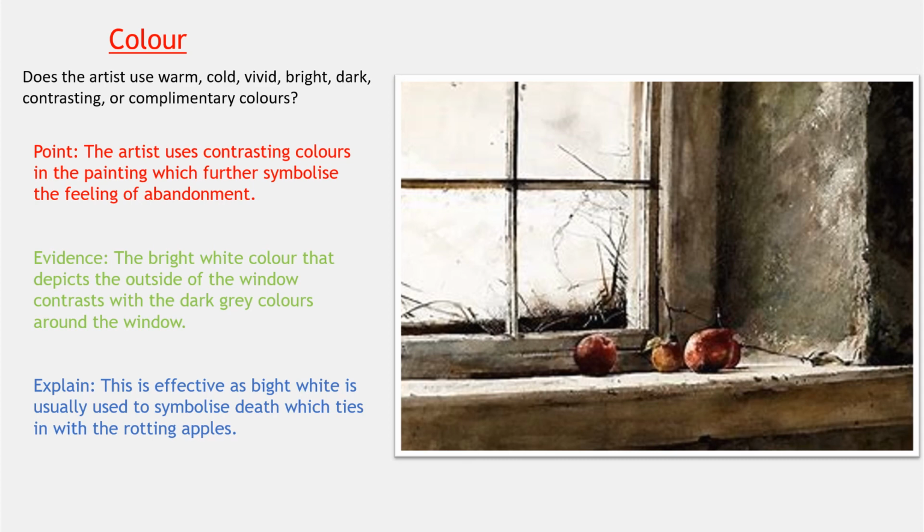Again, this is effective as bright white usually signifies or symbolises death, and this sort of ties in with that idea of abandonment, the look of the rotten apples, and that sort of old unkempt look of the painting.